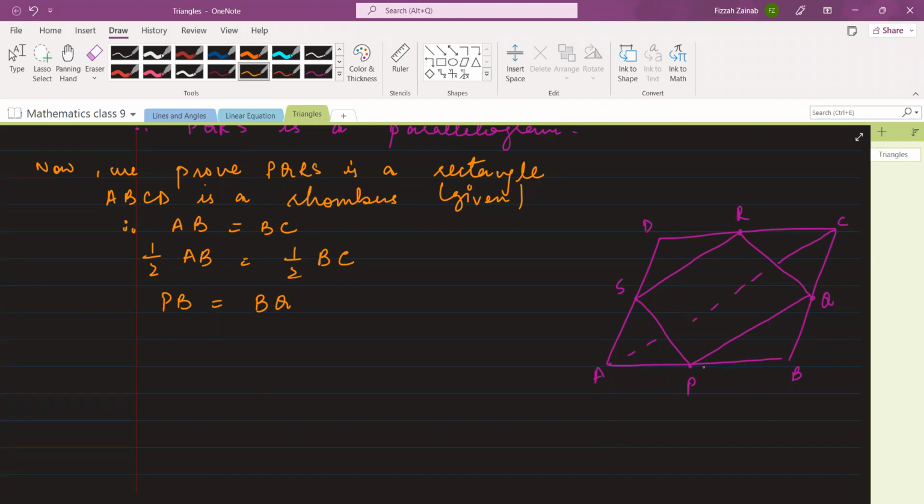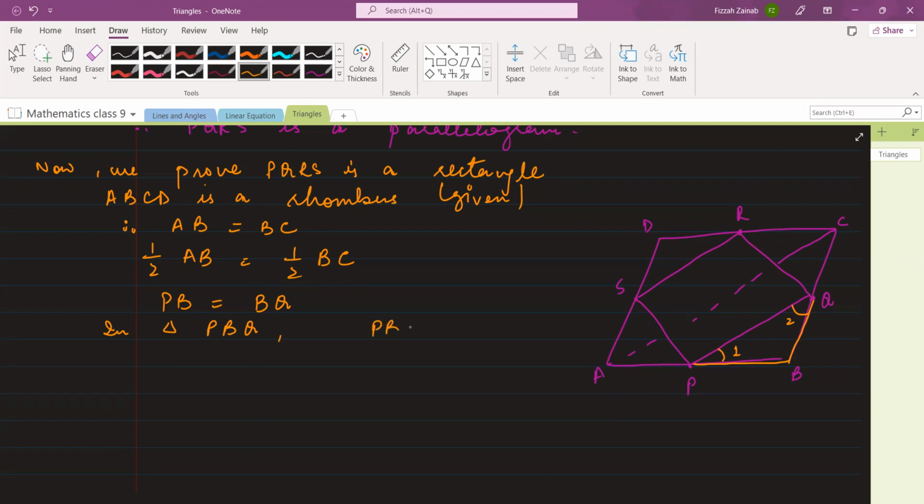Why I'm doing this? So basically this side is now equal to this side. This I have shown. So that means now if I take this triangle, so if these two sides are equal, so that means this angle will be equal to this angle, right? I give it some name 1 and 2. So I can say that in triangle PBQ, right? So now what do I have?